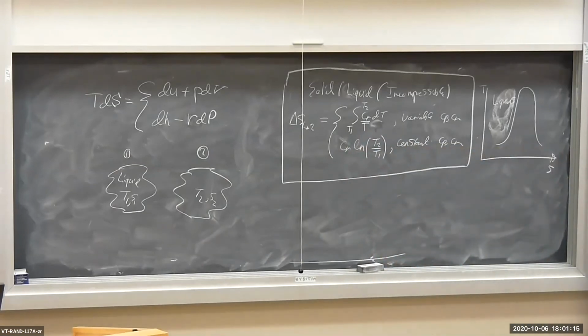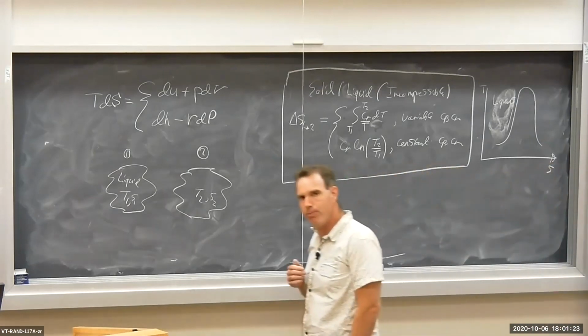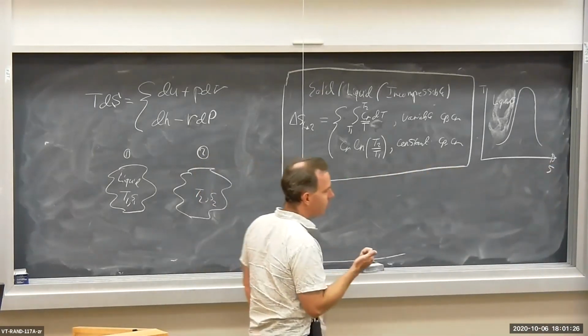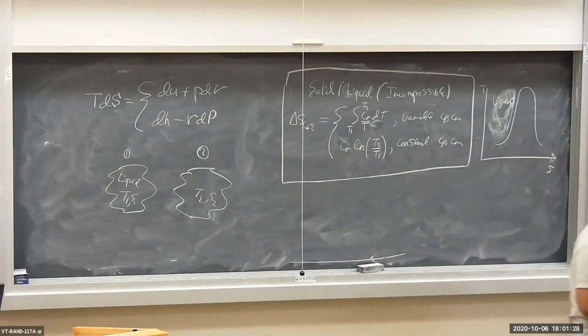Guess what? It doesn't make a difference whether you use Cp or Cv for an incompressible. Why? Because the only difference in specific heat for a constant pressure versus a constant volume process is the presence of boundary work. And for an incompressible, there's no boundary work.